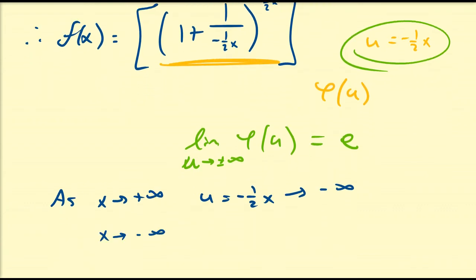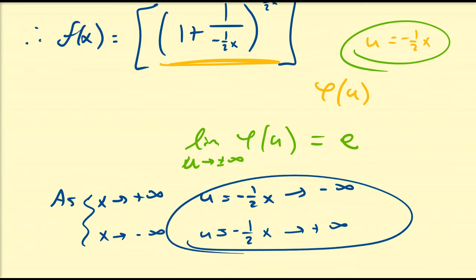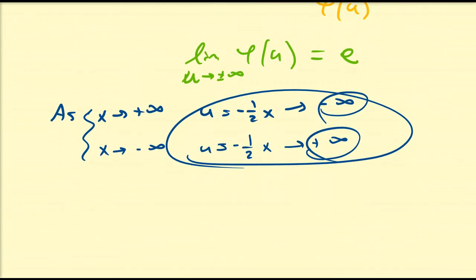And as x gets close to minus infinity, u is again negative 1/2 x, so x is really, really negative times a negative number, so it's going to get close to a positive number. So in either case, as x gets close to infinity, u is going to get close to positive or negative infinity as well.